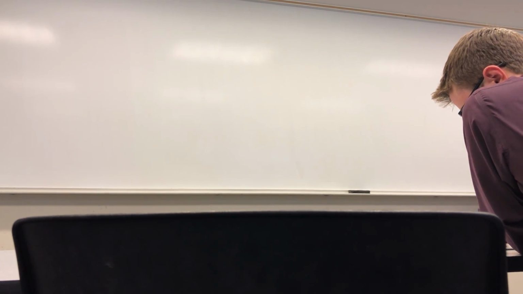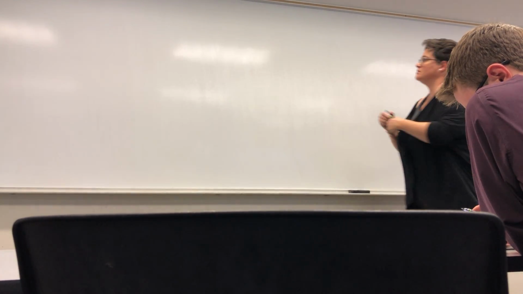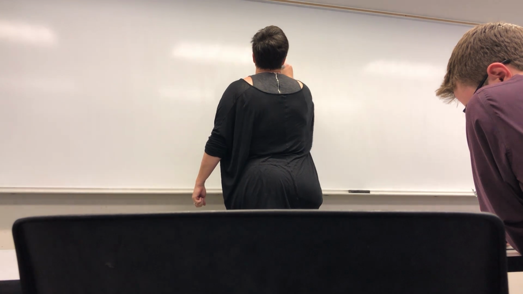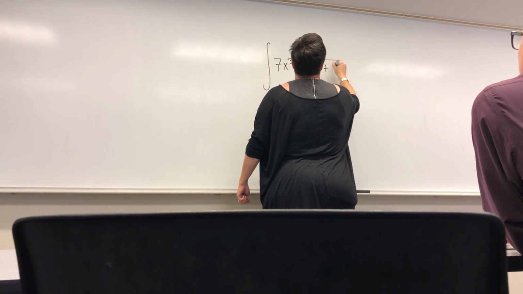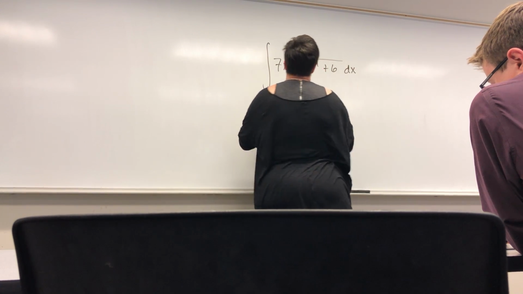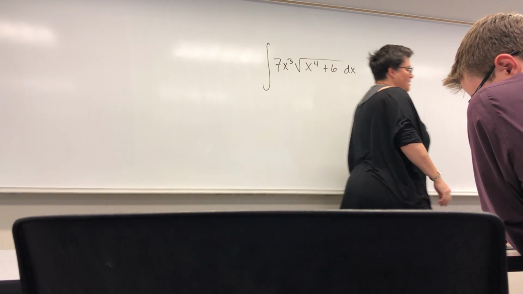Okay. So number 21. No, this was yours. Was this the 7x cubed? Yeah. Square root of x to the fourth plus 6? Mm-hmm. Okay. Execute it. Is it pretty, guys? No. Can we make it pretty?